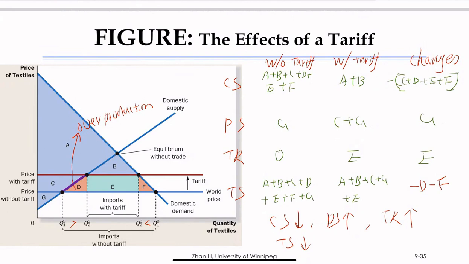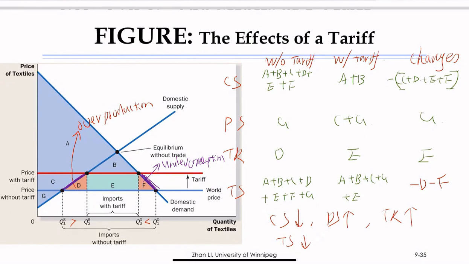Right? Now what about the triangle F? This is called underconsumption. Why is this an underconsumption? Well, the reason is if there was no tariff, these consumers' willingness to pay is higher than the world price. So this implies that if they could make their purchase, there would be some positive consumer surplus.